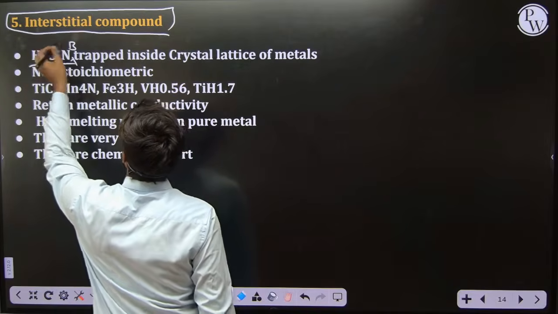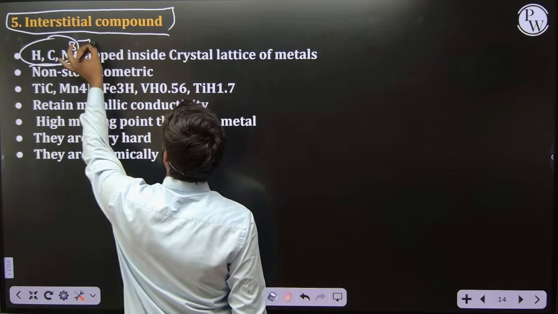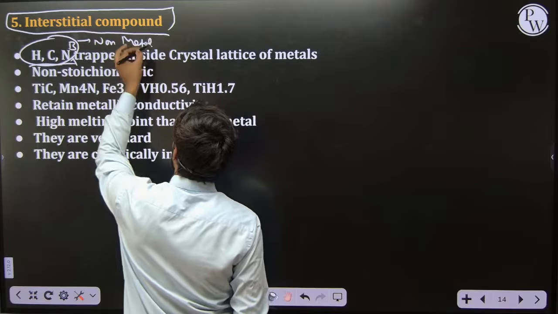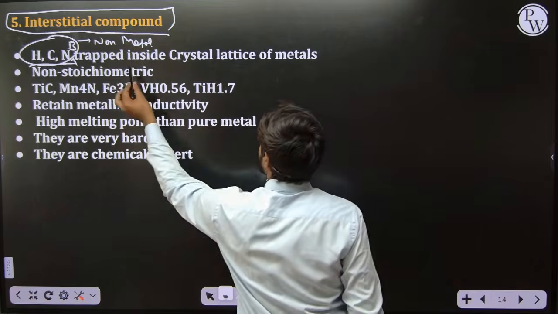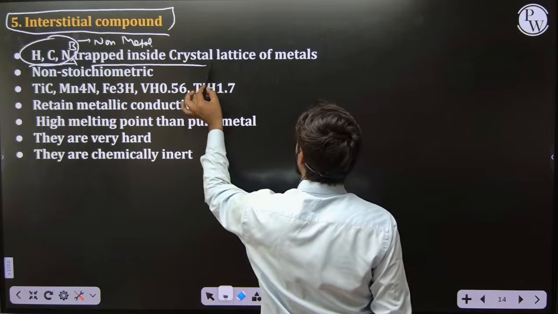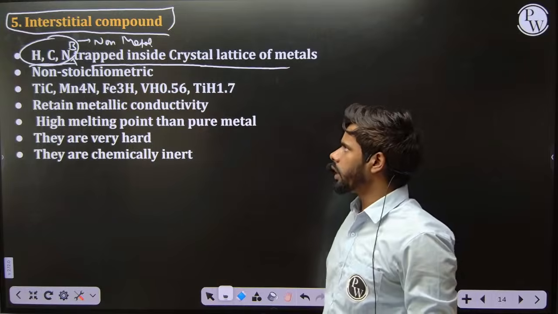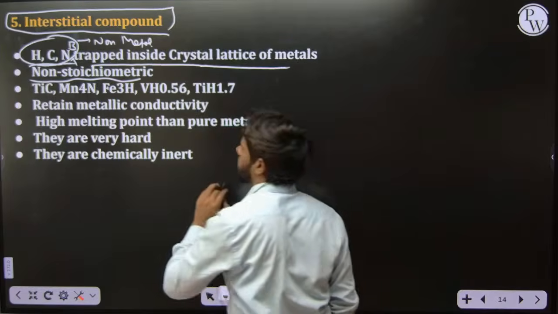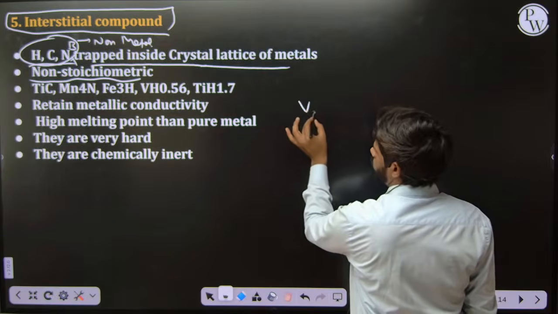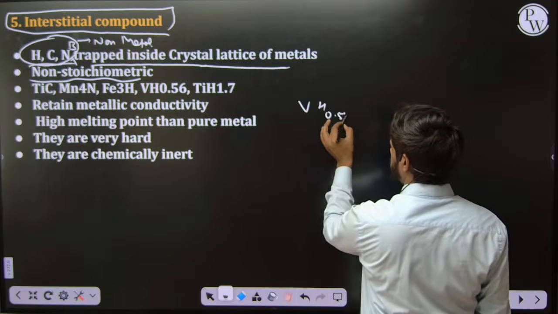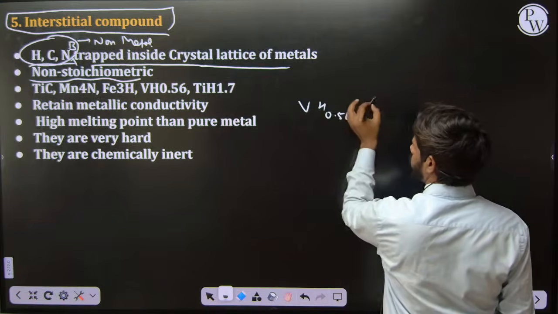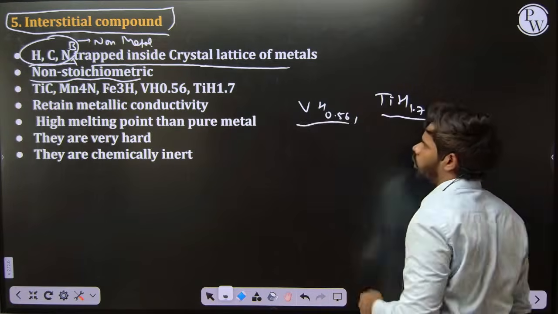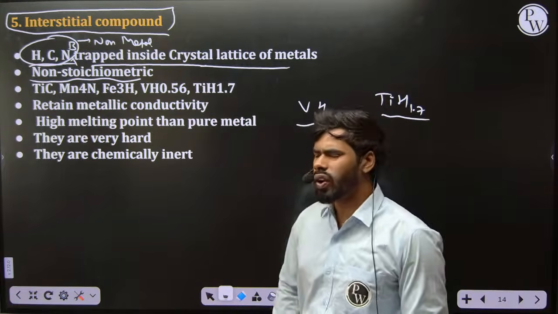So these are non-metals. When these non-metals are trapped inside the crystal lattice of a metal, they form an interstitial compound, and they generally form non-stoichiometric compounds, like TiH0.56 or TiH1.7. So it is in decimal form, not a whole number, and it also depends on the solid lattice.